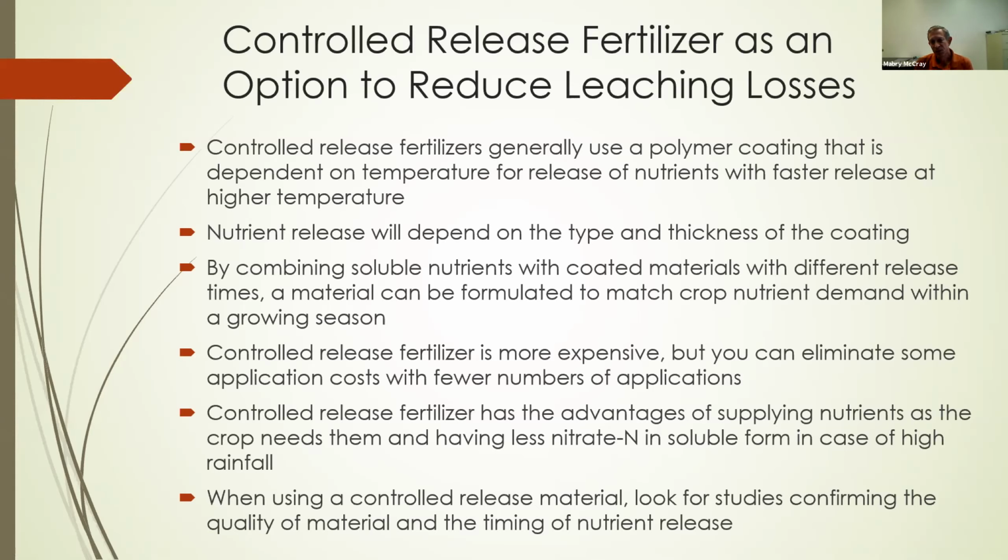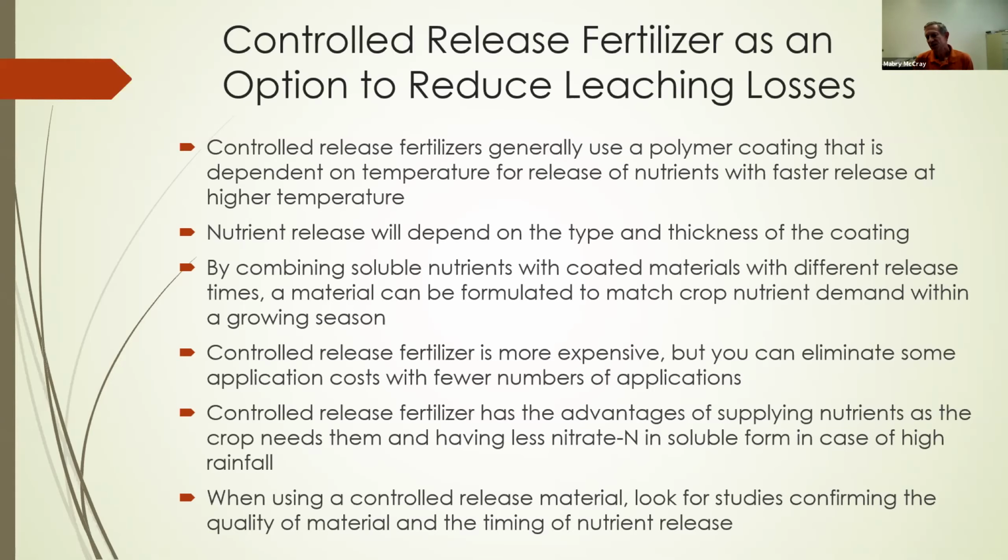Nitrogen nutrient release will depend on the type and the thickness of the coating. By combining soluble nutrients with coated materials with different release times, you can formulate a material to match your crop nutrient demand within a growing season. Control release fertilizer is more expensive, but you can eliminate some application costs with a fewer number of applications.